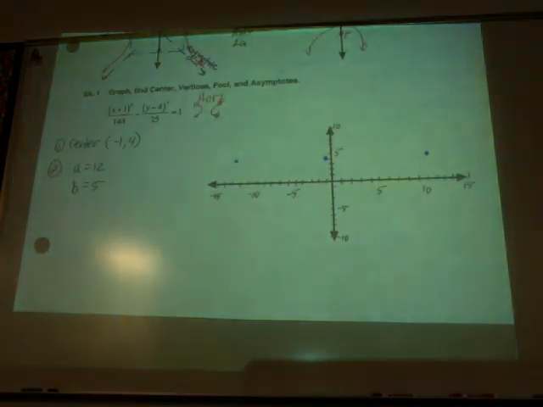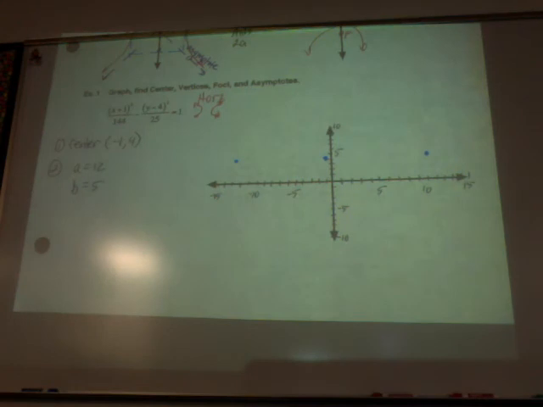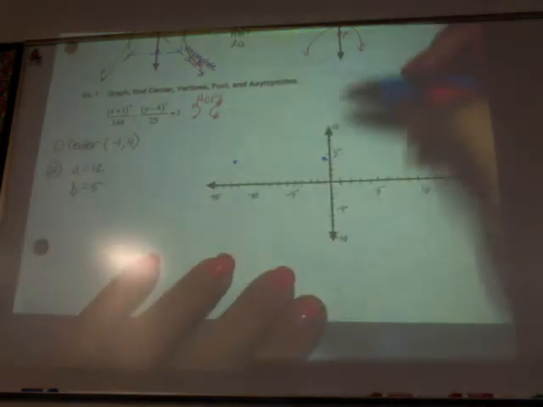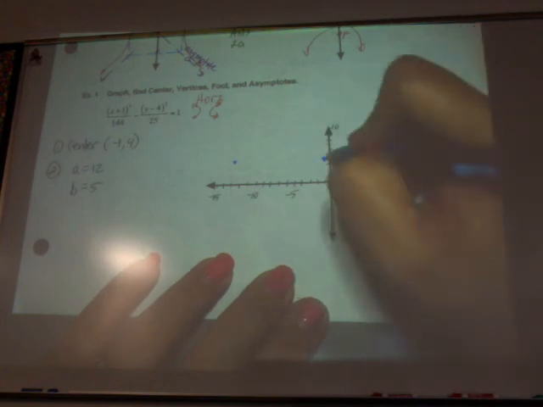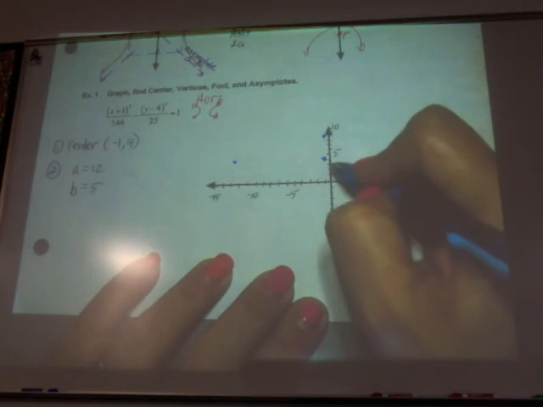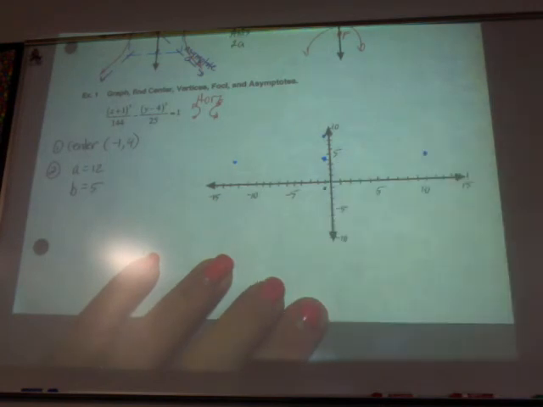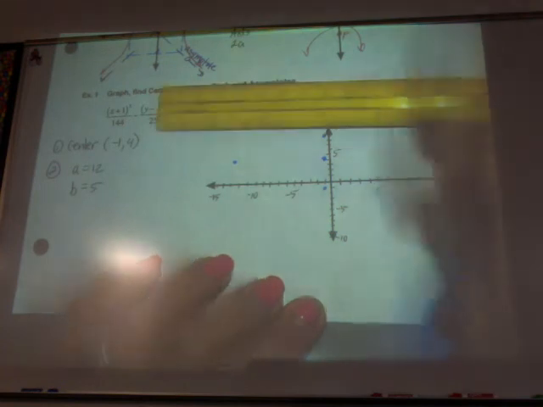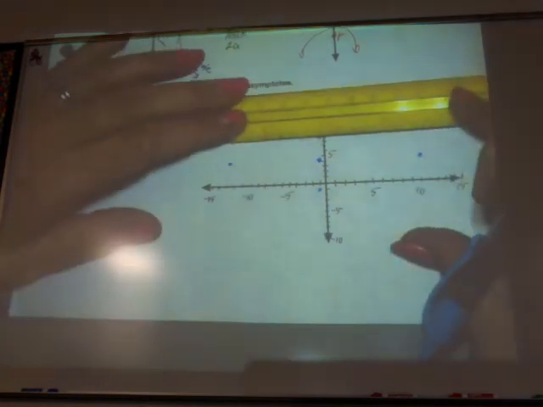That's my distance of a, and for my distance of b, I'm going to go up 5 and then down 5. Now I can create this dotted rectangle.